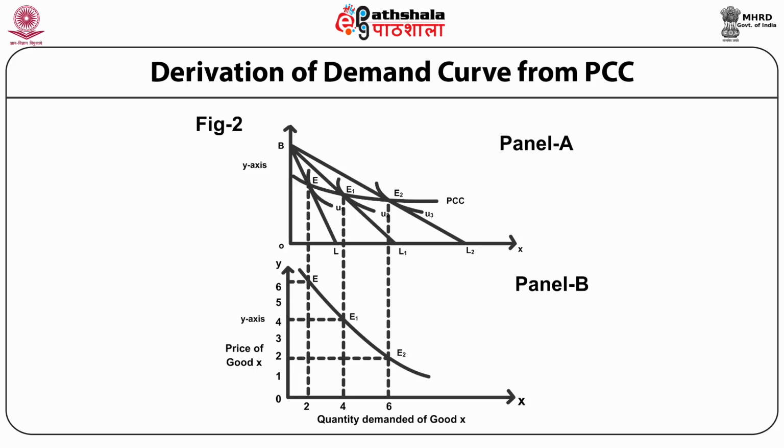When all these points are joined, we get a downward sloping curve which is called the demand curve, which shows that as the price of good X falls, the quantity demanded of good X increases and vice versa, with ceteris paribus. That means all other factors remaining constant. Now this curve is the demand curve for good X.